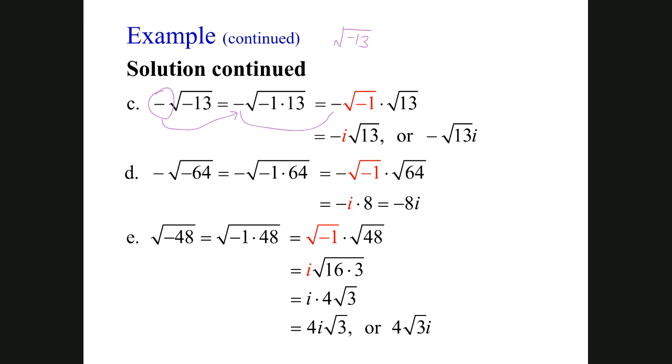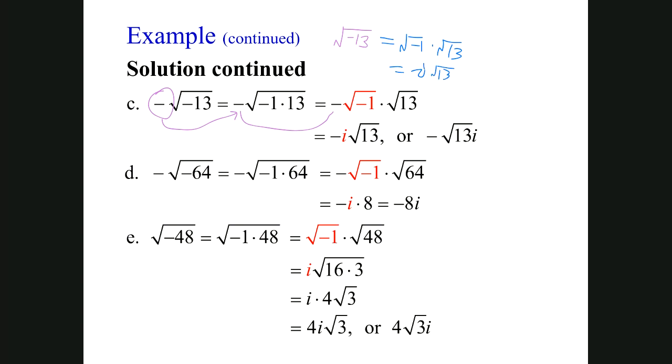All right, so let's come back to continue with this one right here. If we have square root of -13, right? We will need to have a square root of -1 times the square root of 13. And then this square root of -1 is I. So we have I square root of 13 in here, okay?